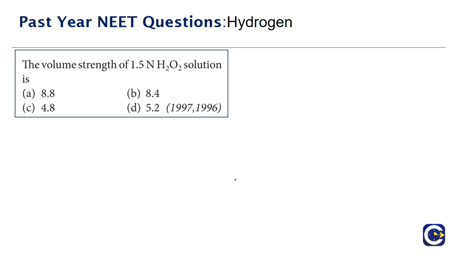This model of question has come in both 97 and 96. This is the only numerical area in the hydrogen chapter, which is about the volume strength of hydrogen peroxide solution. The question is, what is the volume strength of 1.5 normal H2O2 solution? First we need to understand the meaning of volume strength.